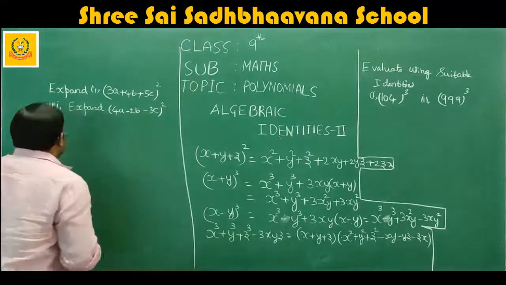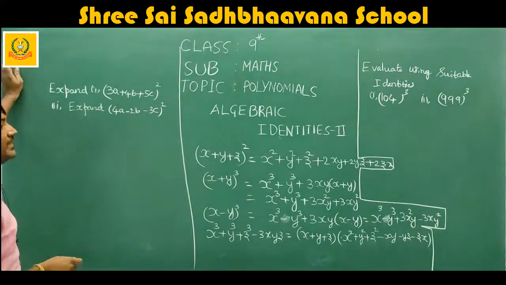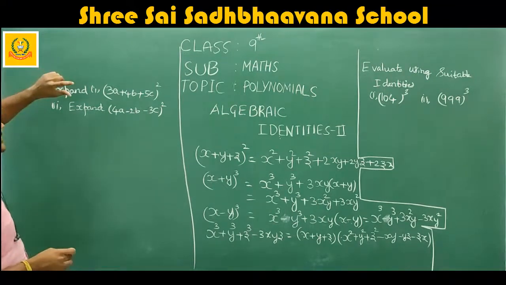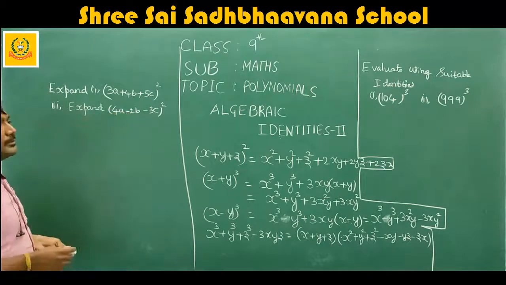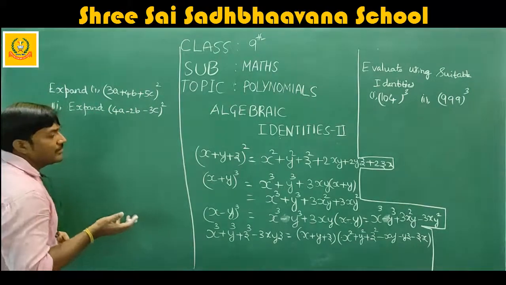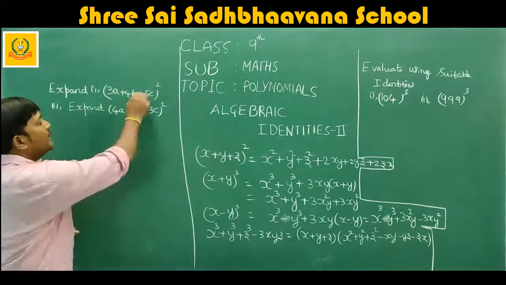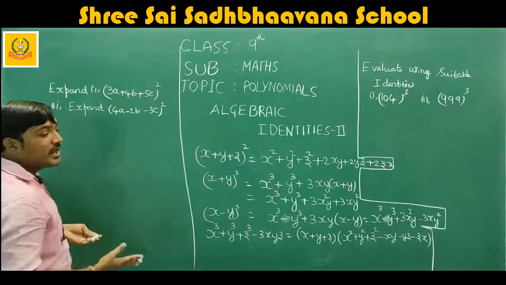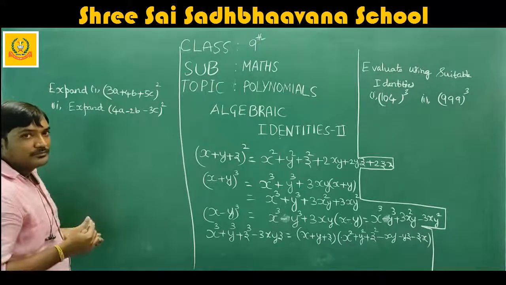First one: expand (3a plus 4b plus 5c) whole square. Now see which identity is suitable. Even in the last classes I was discussing that whenever you look at an algebraic expression, you should check which identity is suitable for that.